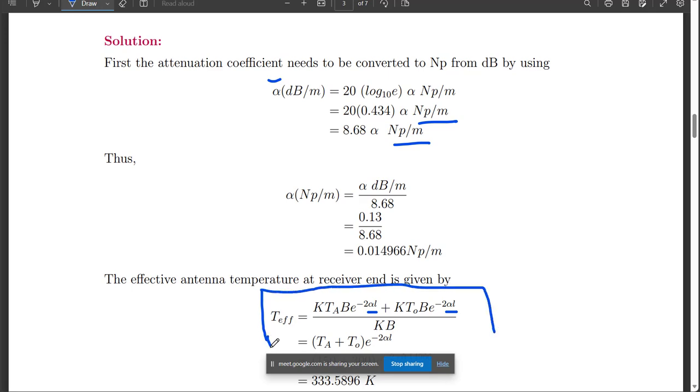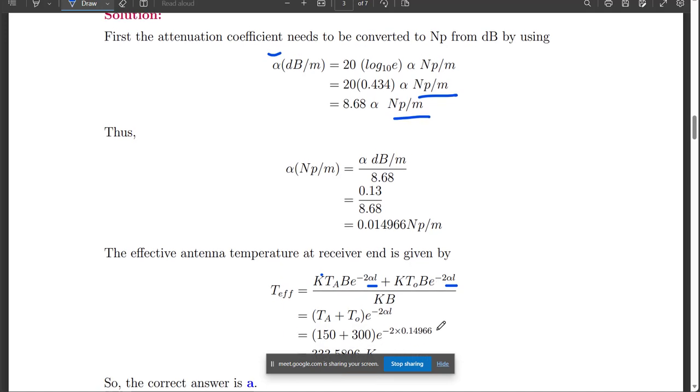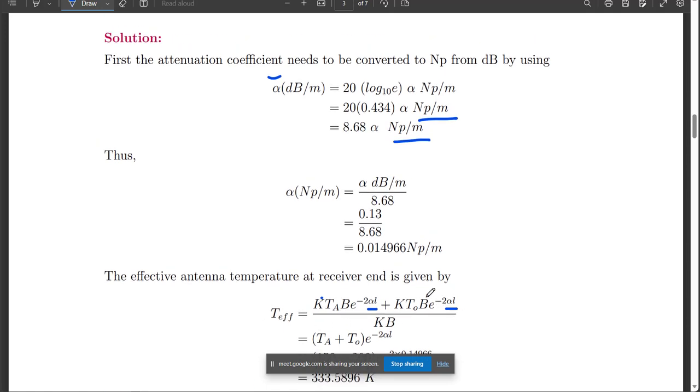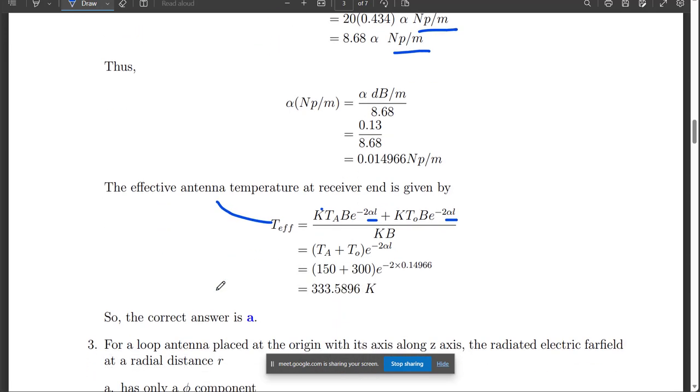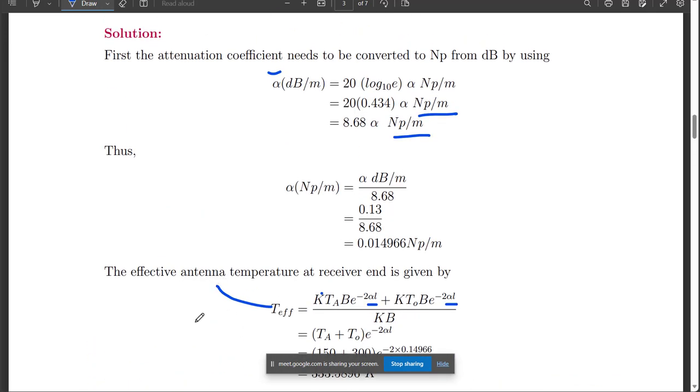This is the effective antenna temperature value, and for that, K is the Boltzmann constant, B is the bandwidth, T is the temperature of the antenna, T0 is the output temperature, and then you have to find out the effective temperature at the receiving end.